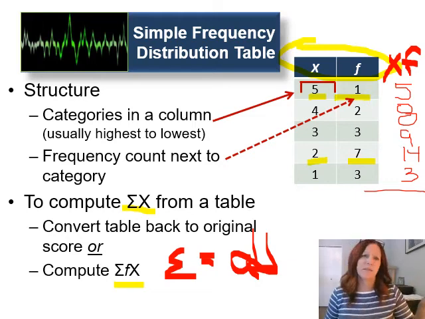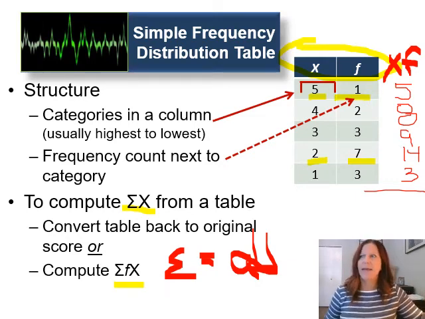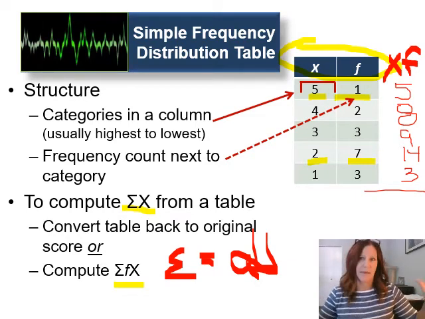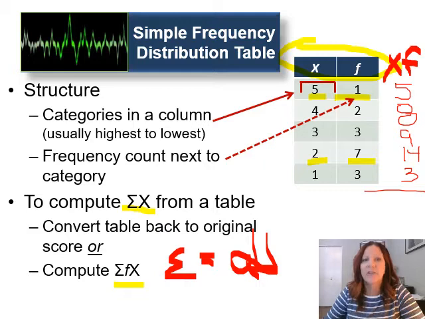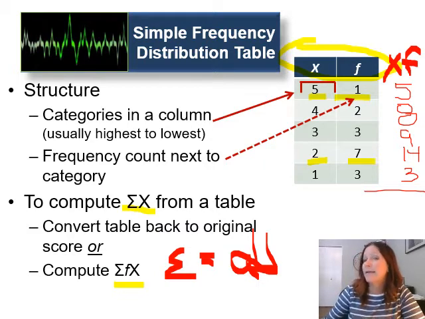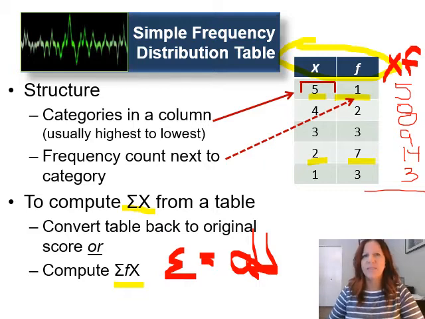So maybe X represents men and Y represents women, and you have frequencies for each one. So instead of seeing sum of X, you might see sum of Y if you have a second table. This is just a way that we would use that simple frequency distribution table to start computing some statistics.